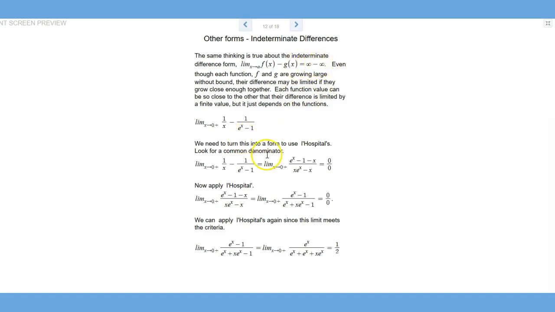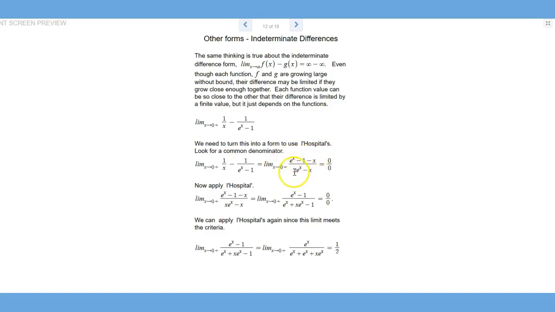So again, we're going to try to use L'Hopital's rule by turning this into a quotient. So I'm going to find a common denominator and write this as a quotient. And when I do that, I make sure these are of course still continuous and differentiable. And I need to make sure that they're of the form 0 over 0 or infinity over infinity, which it is.